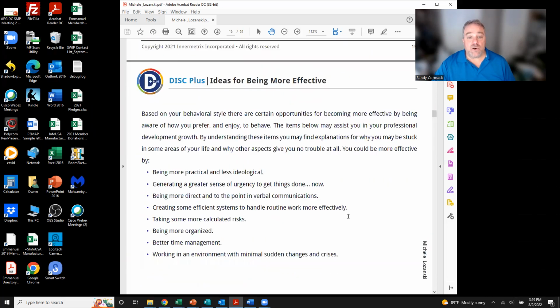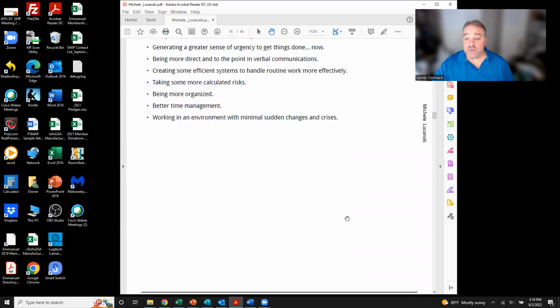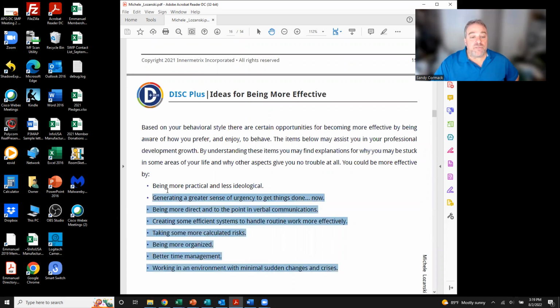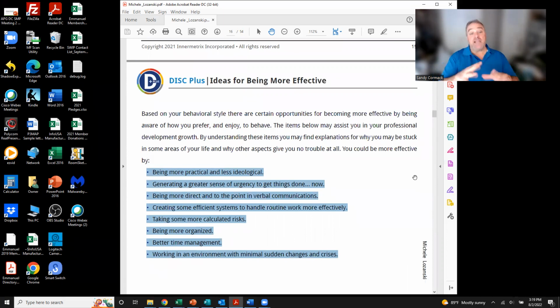So now let's go down to page 16. This is a good, the ideas for being more effective page is a good summary of things that might be some of your blind spots. Look through these, highlight these, and see if these are things that you can connect with.